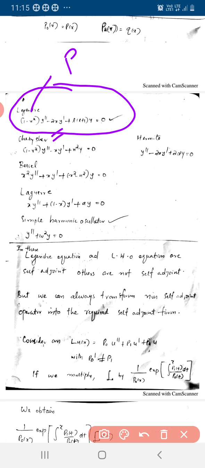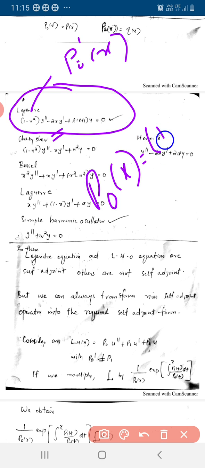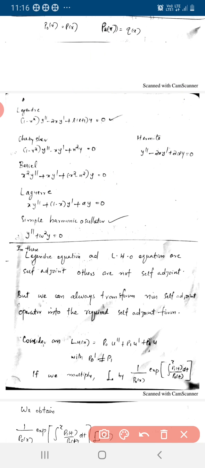Clearly P1 is P0 prime of x, because P0 of x is 1 minus x square. So P1 of x is P0 prime of x.